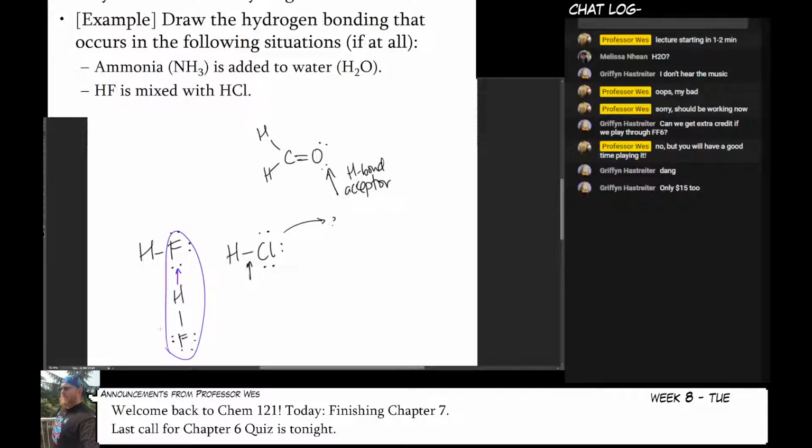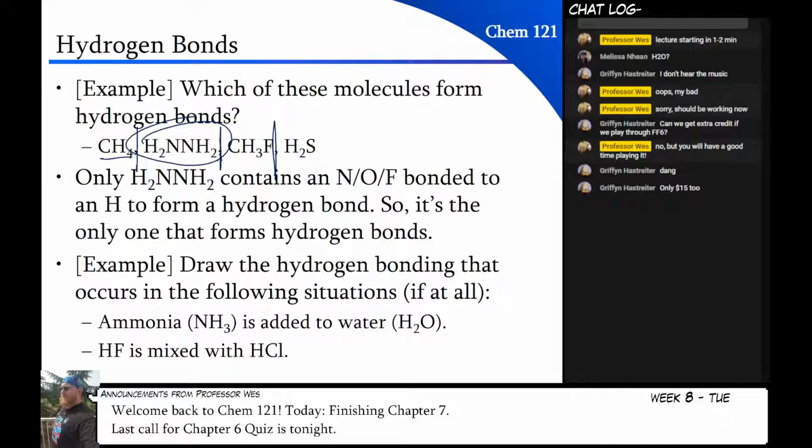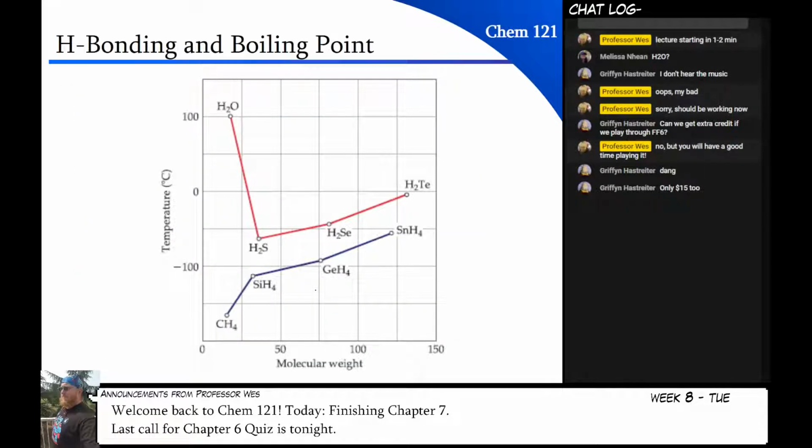And this is a phenomenon that we're going to notice happens with fairly high frequency when we talk about solubility in chapter 8. All right. On this diagram here, I am showing the weight of a molecule in grams per mole.